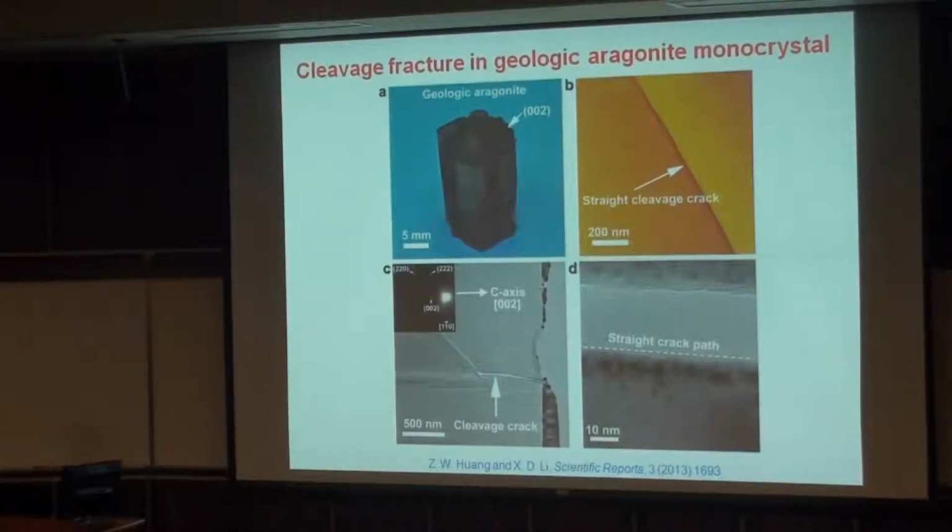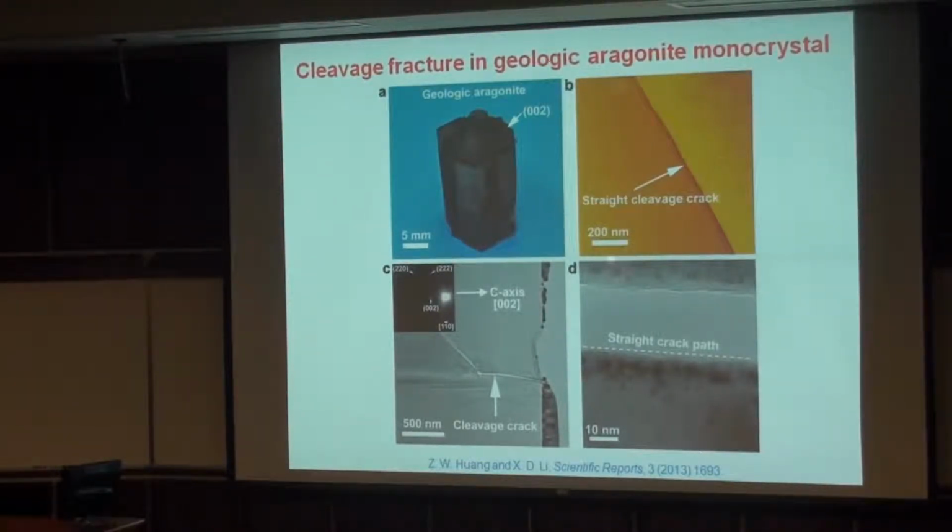And you may say, well, how about single crystal? Can you find an aragonite single crystal? Okay, this is a single crystal. And we used XRD to get the orientation, and then we used a Vickers indenter to create a crack from the corner of the indenter tip. We can see this crack, this 200 nanometer scale bar, is very straight.